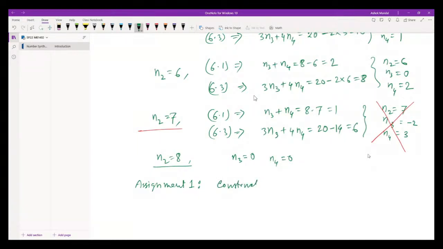Construct all possible mechanisms with 8 links and simple hinges.